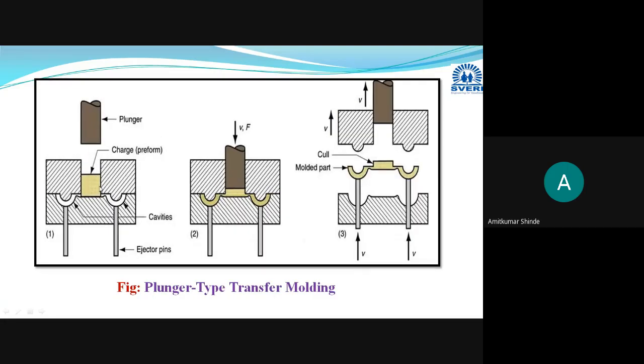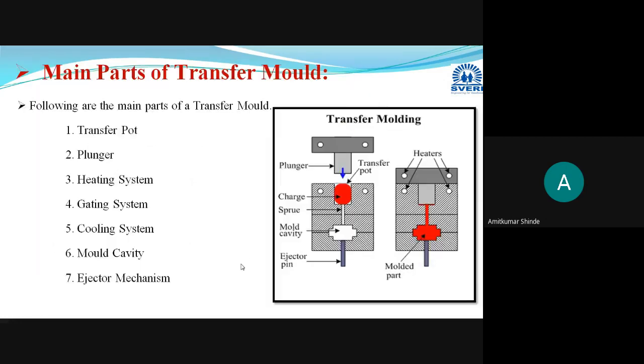And when the charge or preform from the transfer pot or shooting cylinder goes into the mold cavity through horizontal or lateral channels, these are horizontal channels, you can see here, it may be gates or runners into the cavities, this will be the plunger type transfer molding process.